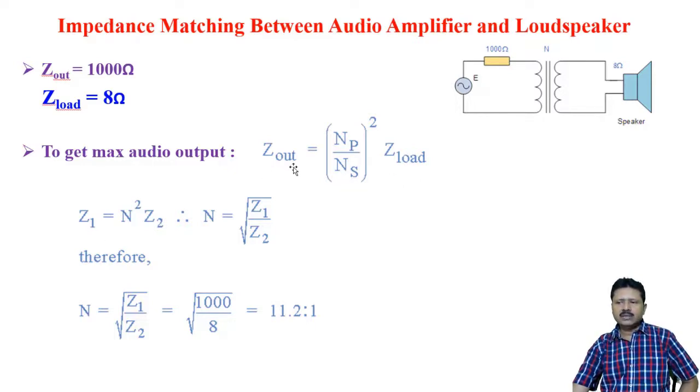Here Z out is defined as Z1 and Z load as Z2, and NP by NS is equal to N, the transformer turn ratio. So N is equal to the square root of Z1 by Z2. Z1 is 1000 ohm and Z2 is 8 ohm. Ultimately we get a ratio of 11.2 to 1. So to get the maximum power at the speaker, we must use an audio signal transformer whose turn ratio is 11.2:1.